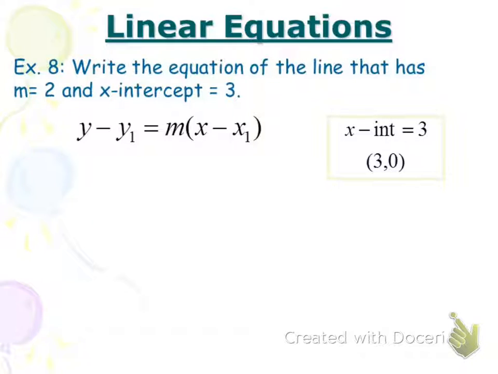So you have to make a connection between what it is. I will never give you an equation or a problem that doesn't have enough information. There's a slope there. There's a point there. You just have to take the information that you know and find the point and find the slope. All right? So we would use 3, 0. Y minus y1 equals m times x minus x1. That's y minus 0 equals 2 times x minus 3.